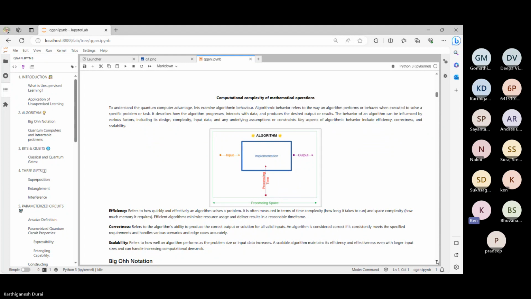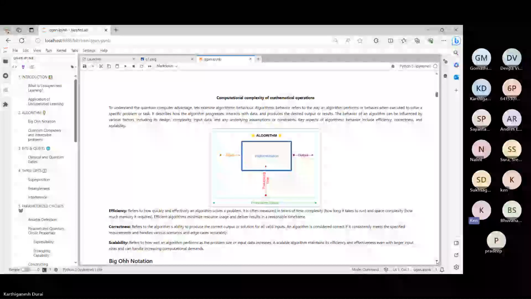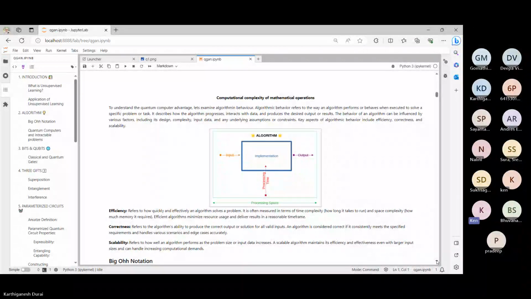But some important features of algorithms are efficiency, correctness, and scalability. Efficiency refers to how quickly and efficiently an algorithm solves a problem. It's important to us. Correctness refers to the algorithm's ability to produce the correct output that we want. If it doesn't produce what we want, what's the point?